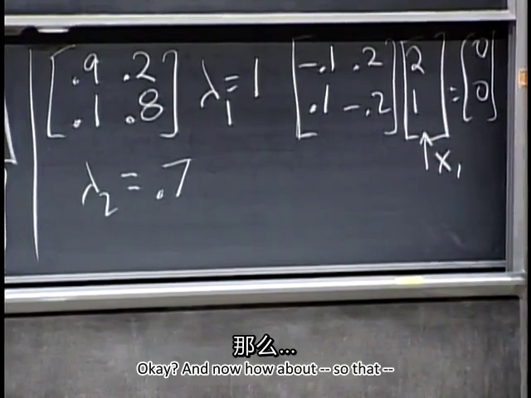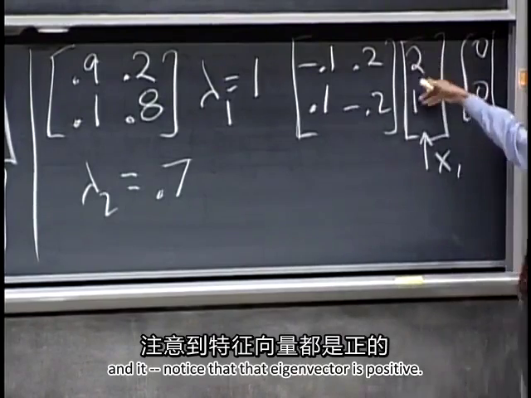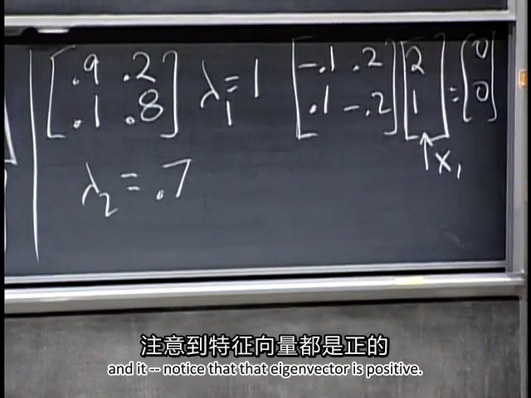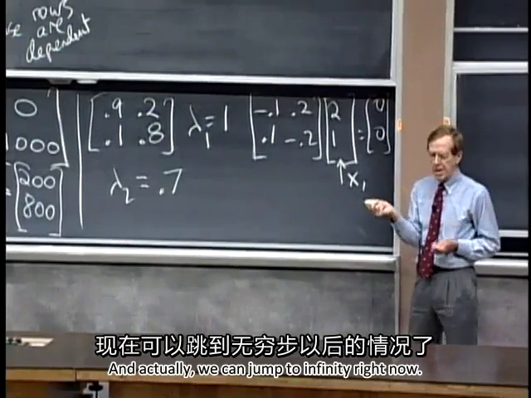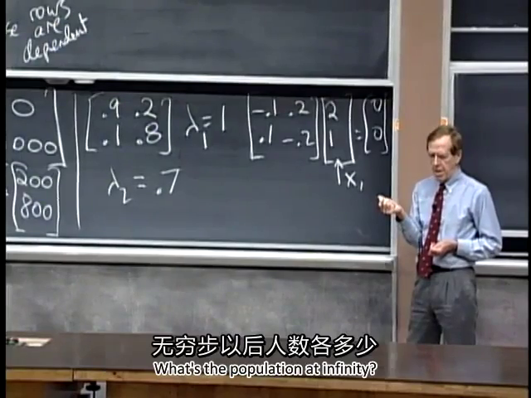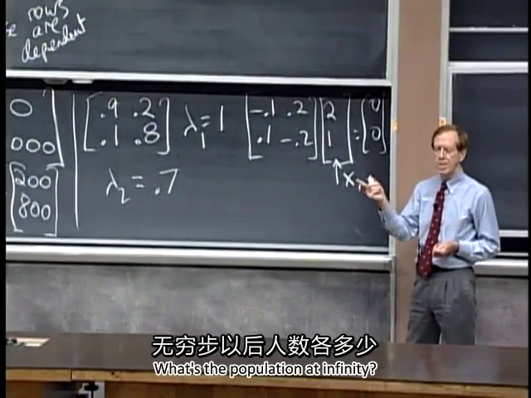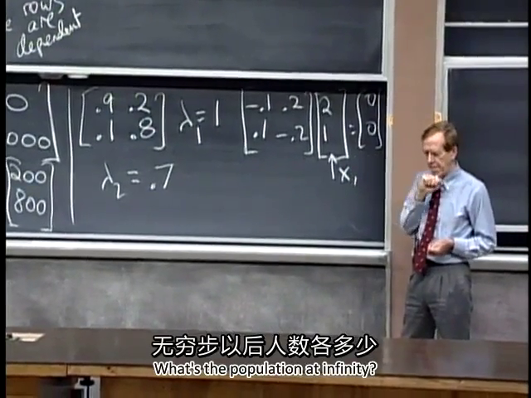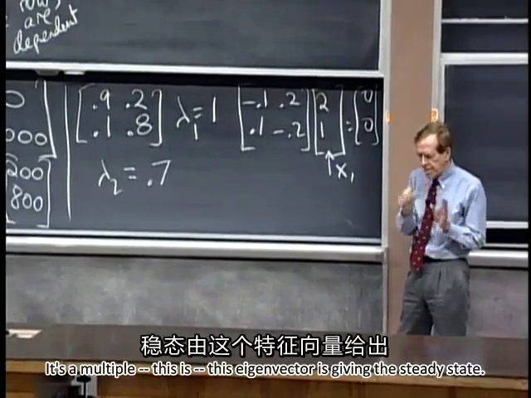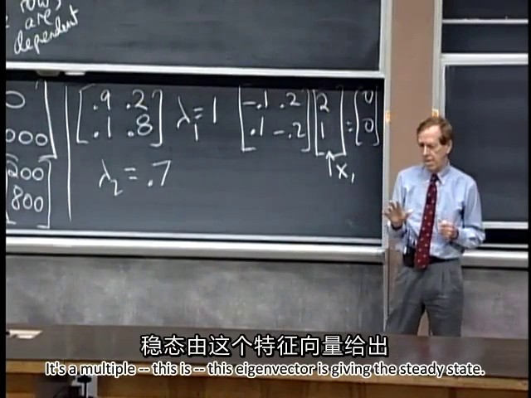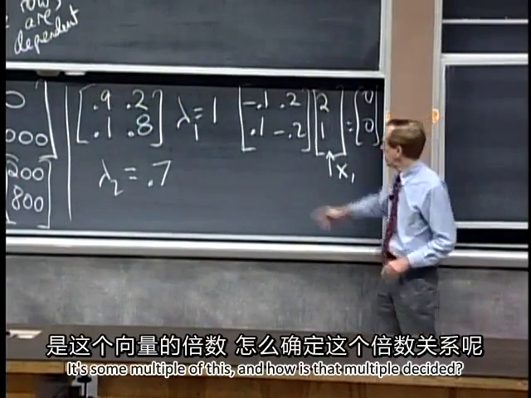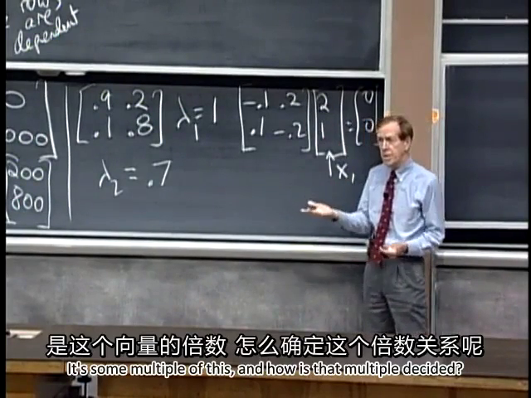Okay? And now notice that that eigenvector is positive. And actually, we can jump to infinity right now. What's the population at infinity? It's a multiple. This eigenvector is giving the steady state. It's some multiple of this, and how is that multiple decided?